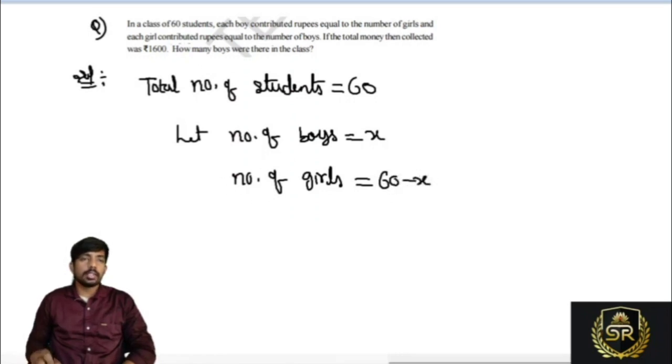So here what is it saying? Boys' contribution will be x into 60 minus x.